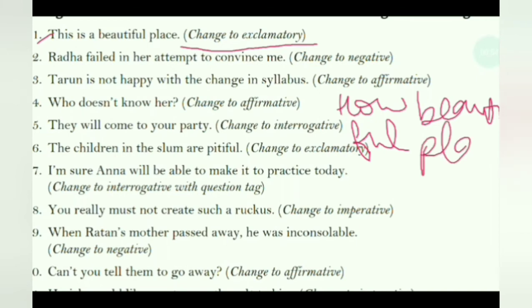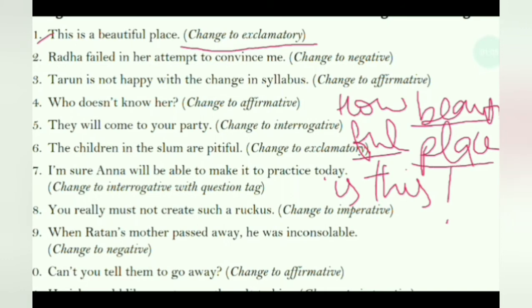How beautiful a place is this. So after how, here comes the adjective and then subject and helping verb. Alright? And we can create it like, what a beautiful place this is.